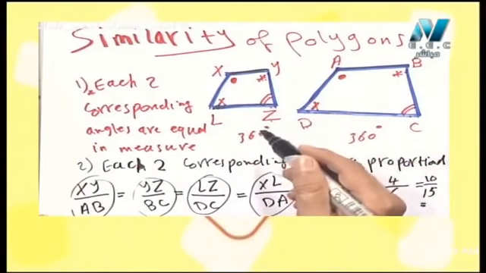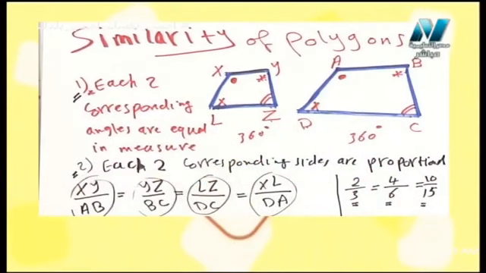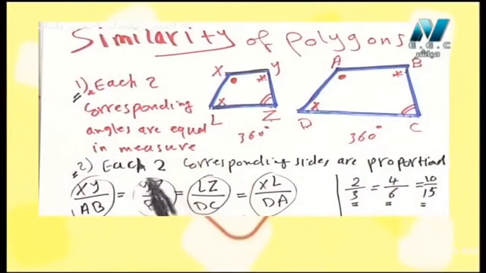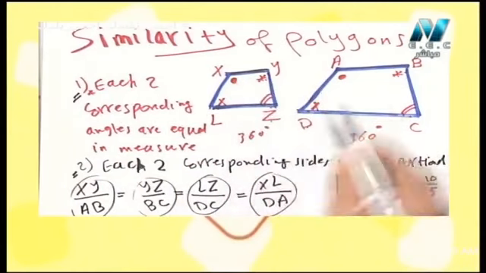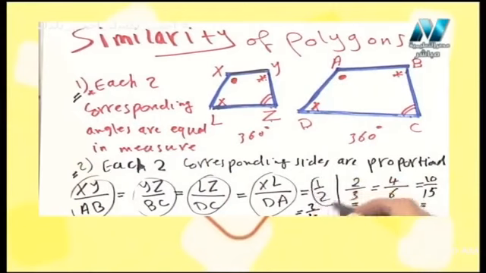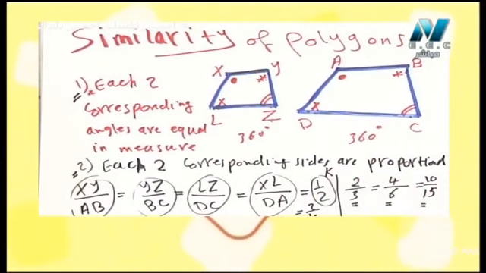If the two quads have the two conditions, each two corresponding angles are equal in measure and each two corresponding sides are proportional, like that, something like a number, half for example, or 2 over 4, or any ratio, we call this ratio K.